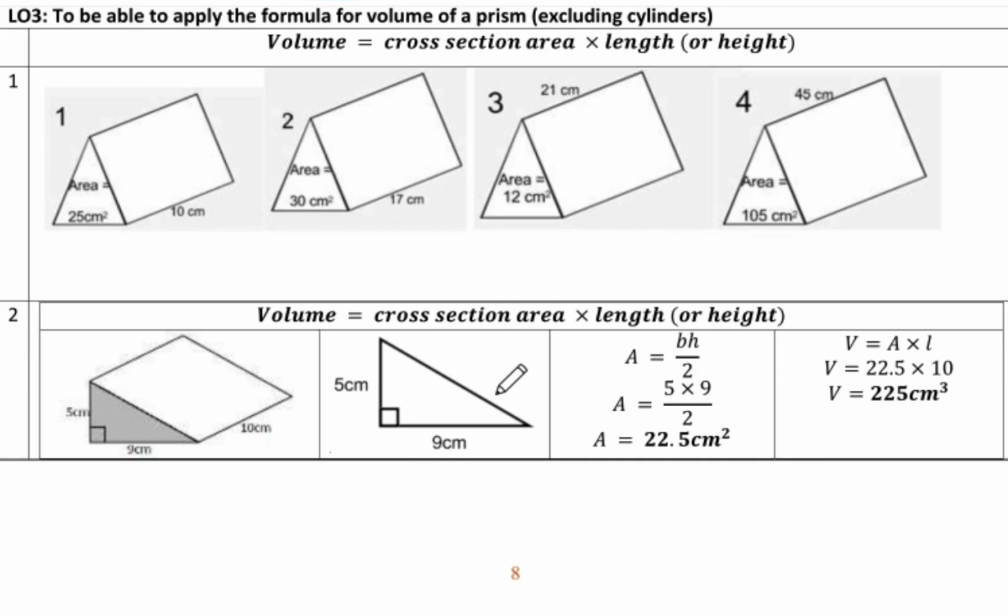So for question 1, we need to find the volume of these prisms. So they have already given us the area, we just need to multiply it with the length.